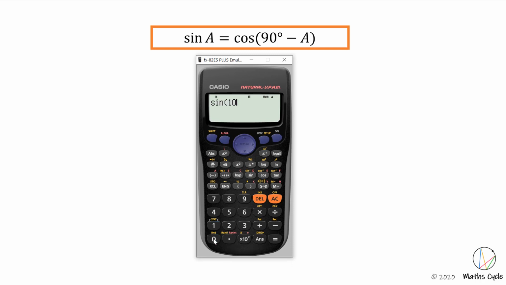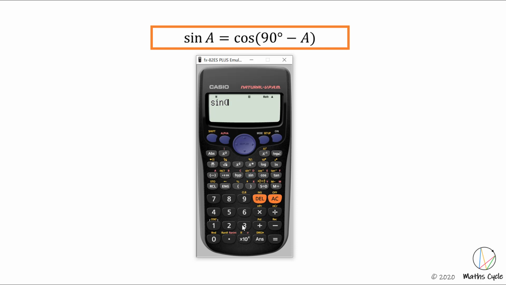So the sine of 10 equals 0.1736. Now, according to this, that should be the same as the cosine of 90 minus 10, which is 80. So what is the cosine of 80? It should be the same. Same answer. Let's try another one.